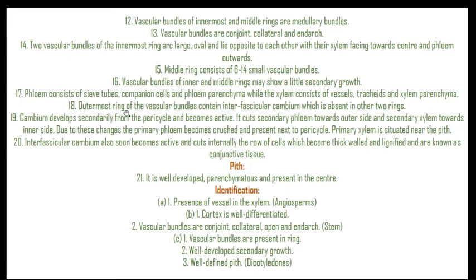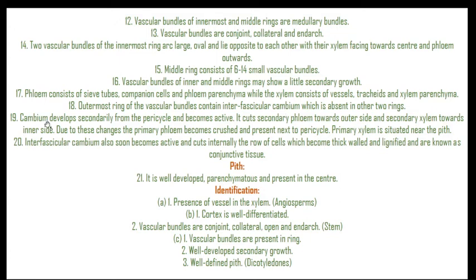Then the outermost ring of vascular bundles contains inner fascicular cambium, which is absent in the other two rings. So this cambium is responsible for the secondary growth.